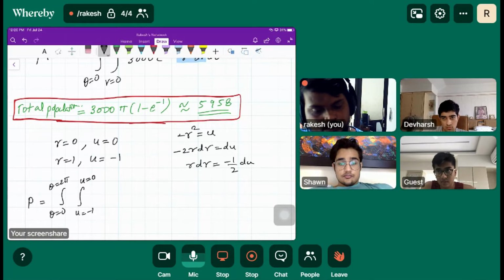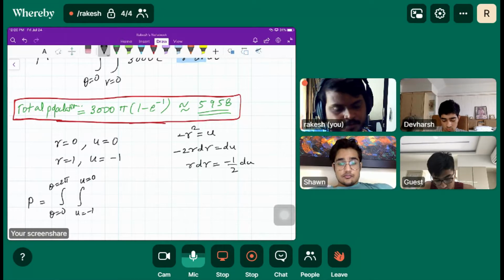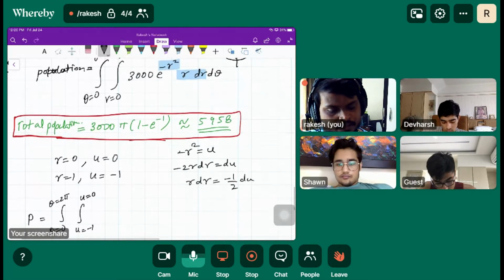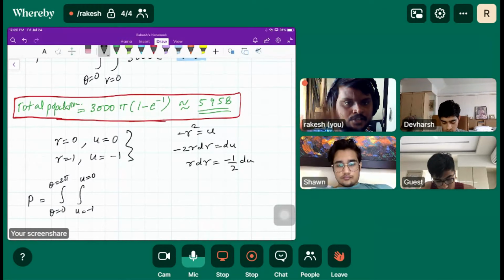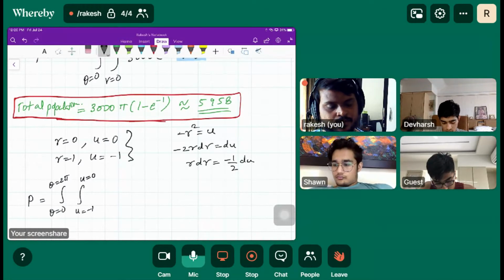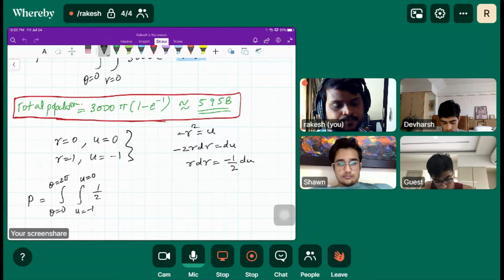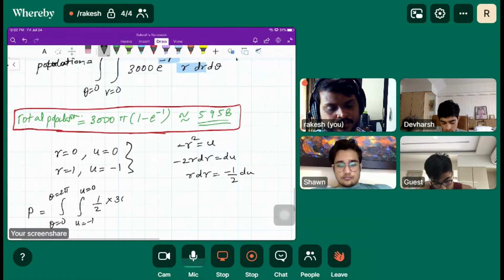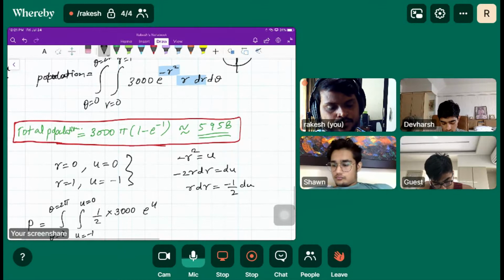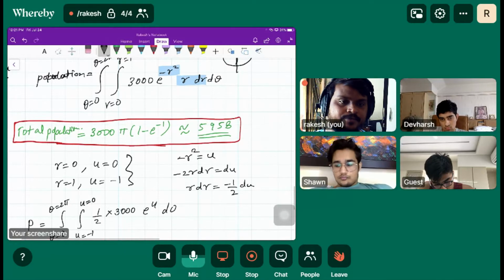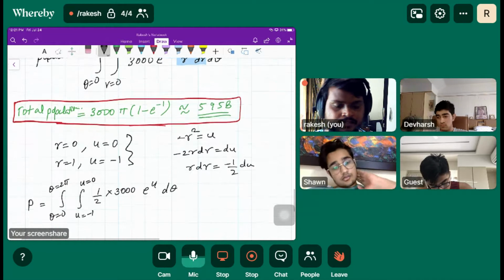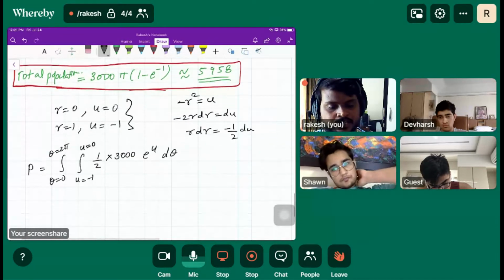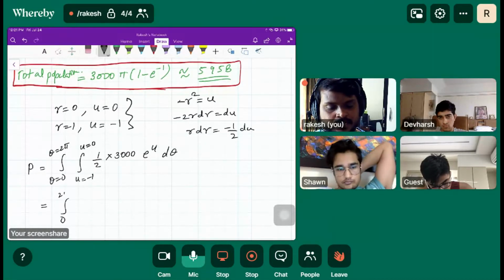So when we set this up, we use substitution. So u is equal to minus 1 to 0. Remember, I have already reversed the order, so I can ignore this minus sign. So 1 over 2 into 3000 e raised to u d theta, with theta from 0 to 2 pi.